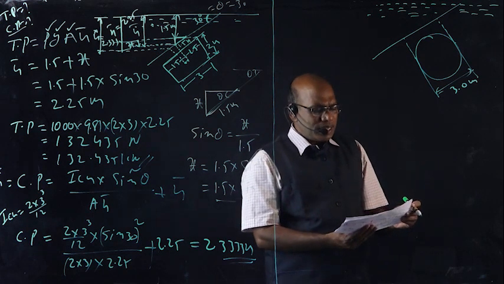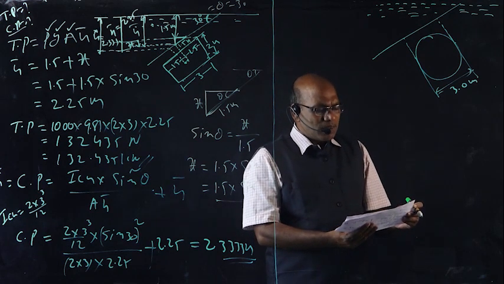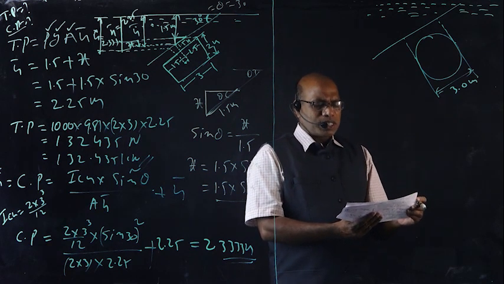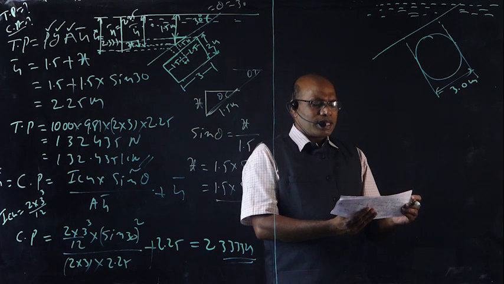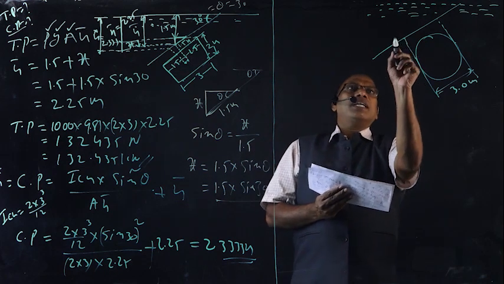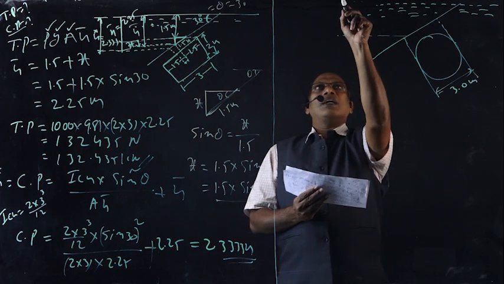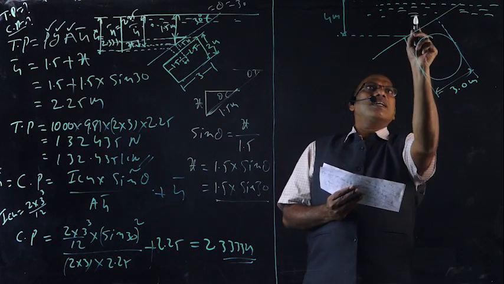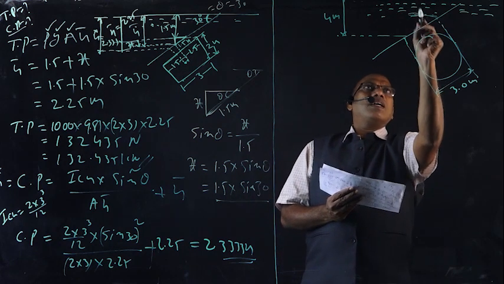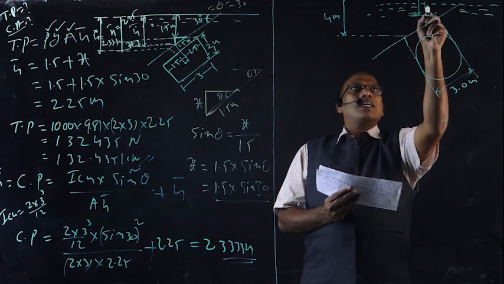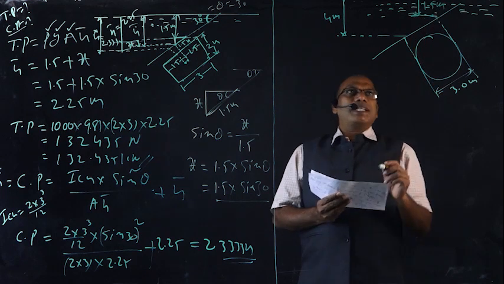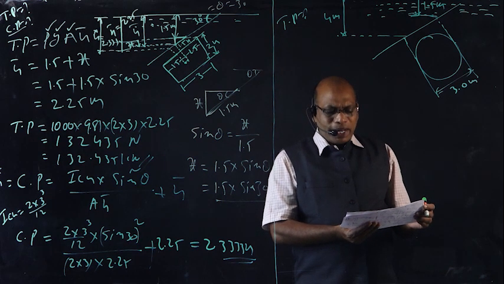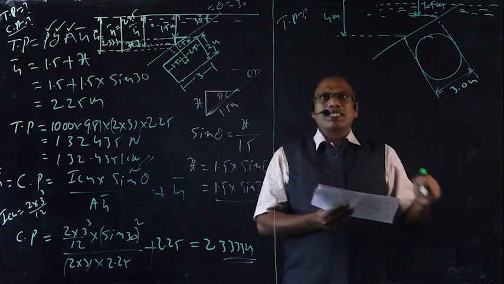What they have given here: immersed in such a way that its greatest and least depths below the free surface are 4 meters and 1.5 meters. That means this is 4 meters, this is 1.5 meters. Determine the total pressure on the face of the plate and position of center of pressure.